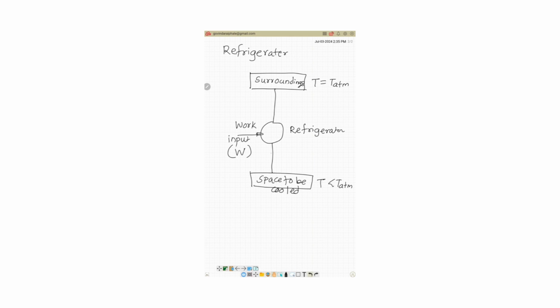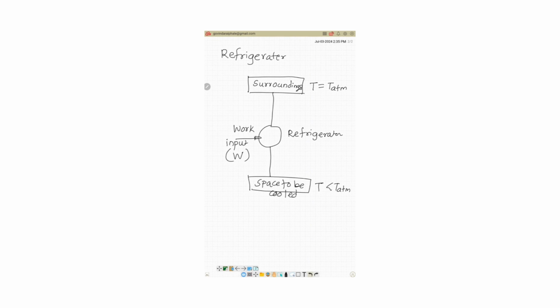From the space to be cooled, heat will be taken as Q2, work input will be given as W, and Q1 amount of heat will be supplied to the surrounding.